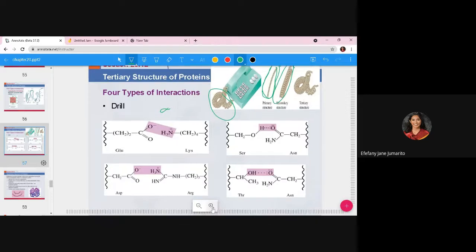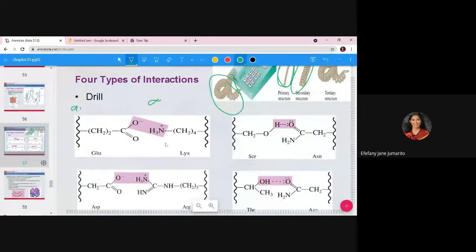Okay, now here there's a drill. So what is the interaction that occurs in letter A? Okay, we have Riname. Letter A. Okay, Jalea.